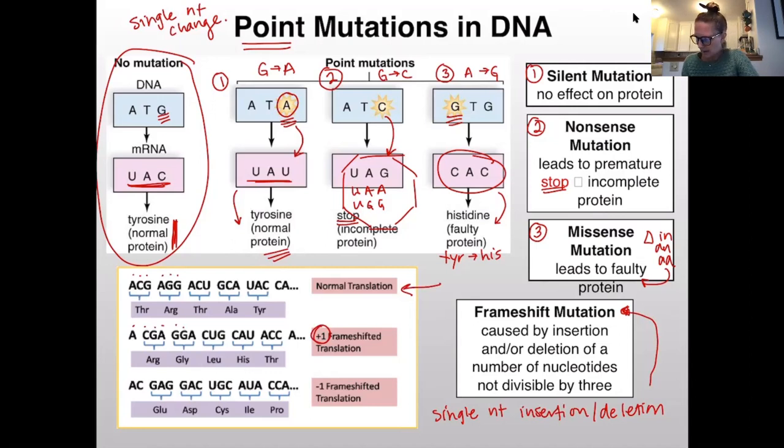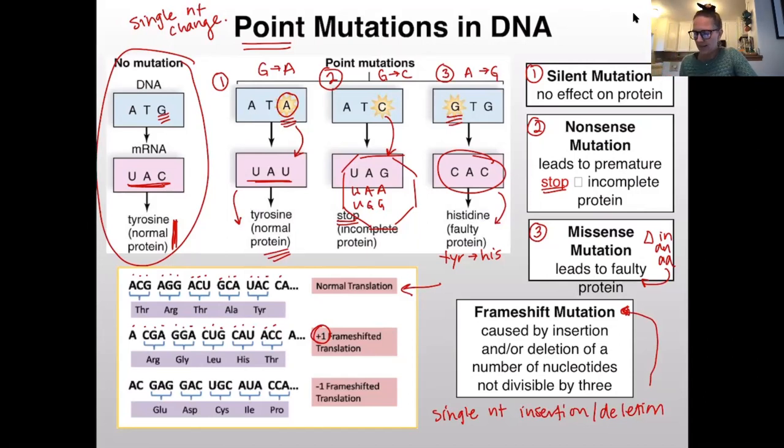So if you added ACU, ACU, GCA, GCA, UAC, UAC, C. Okay, so we're adding, it's the exact same sequence, but what we've done is that we have changed the frame shift, all right?